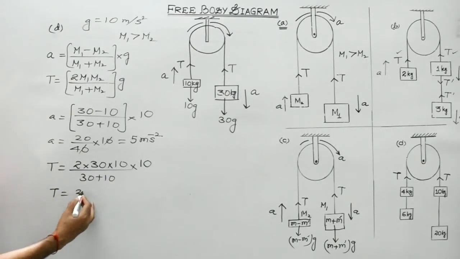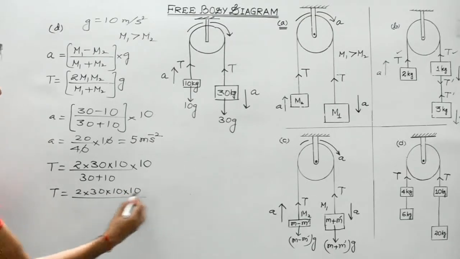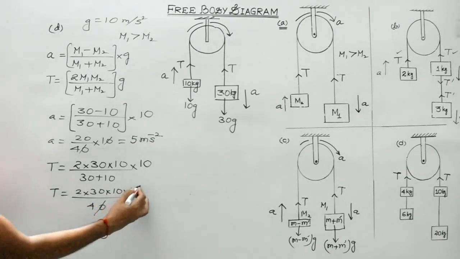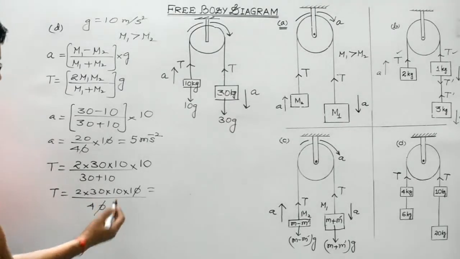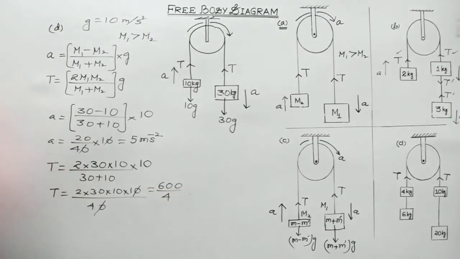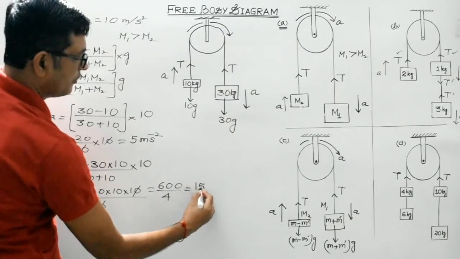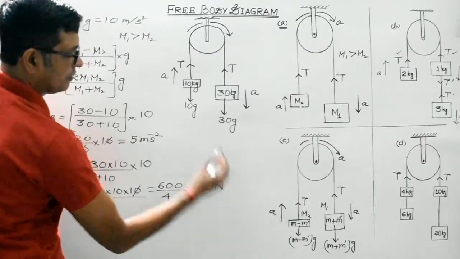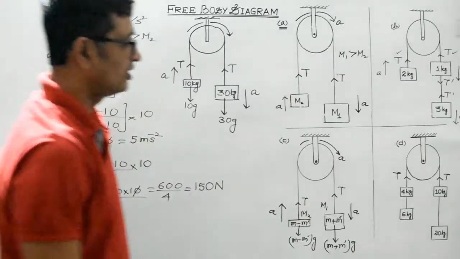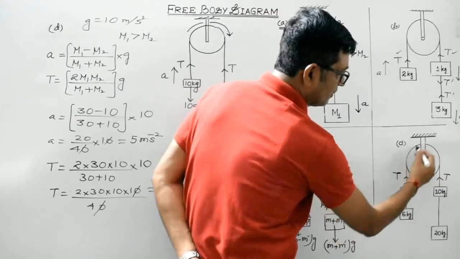So T would be equal to twice into 30 into 10 into 10 divided by 40. 0, 0 get cancelled. So 600 by 4, isn't it? That will give us 150 Newton. So this is the tension acting in this part of the string.